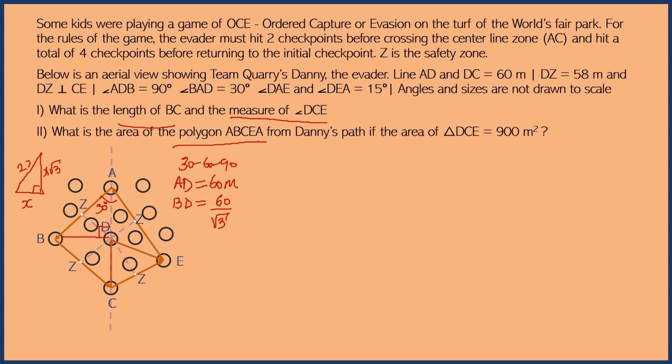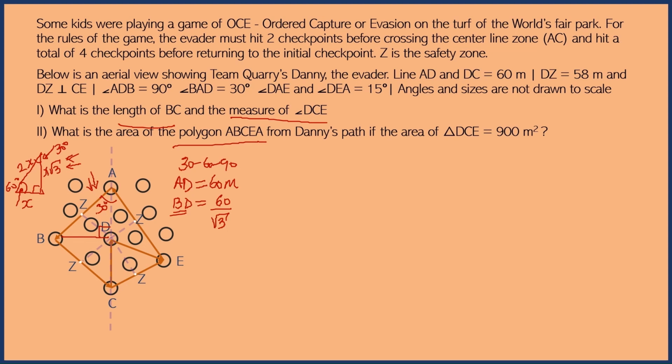And we know that this is 30 degrees, and this is 60 degrees. Okay, so now if you compare this triangle with this triangle, you can see from the orientation that BD is actually equal to 60 over root 3.